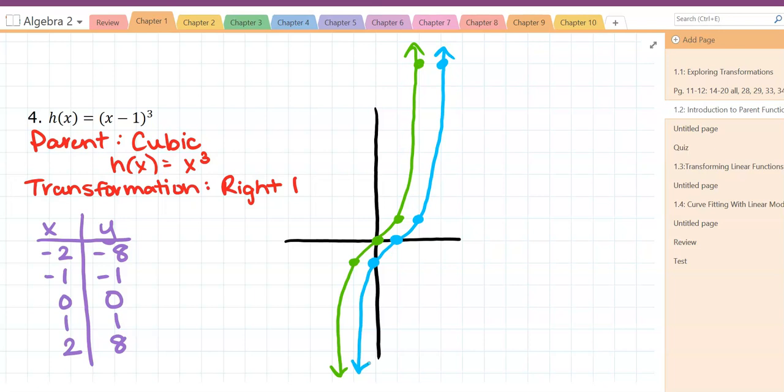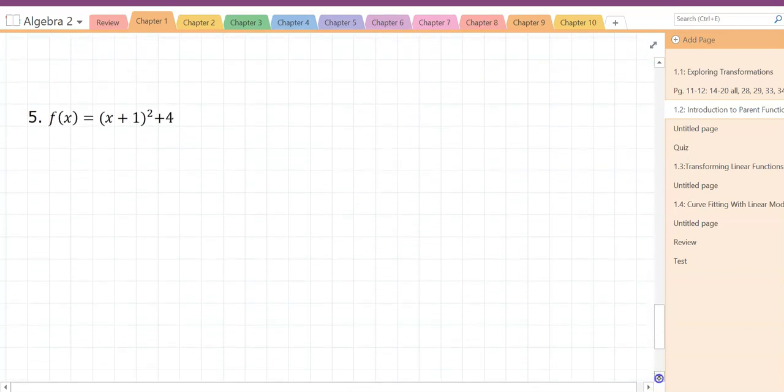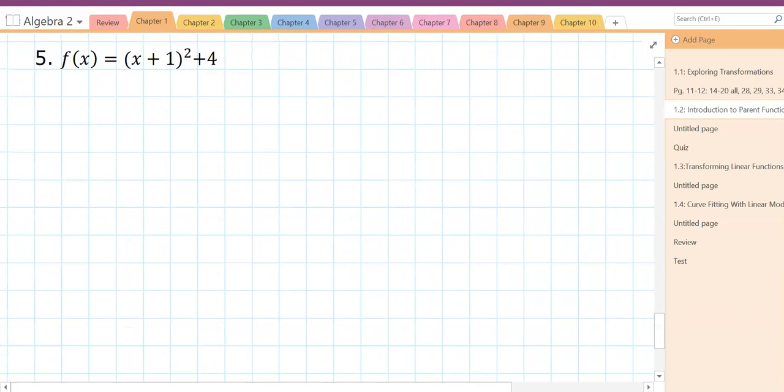Okay, we've got one more here in our notes. So we have x plus 1 squared plus 4. So let's first figure out what would be the parent function for this. What do you guys think?